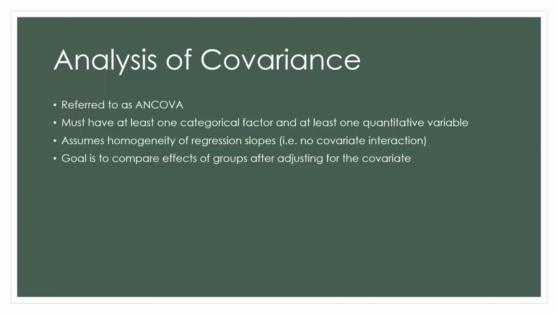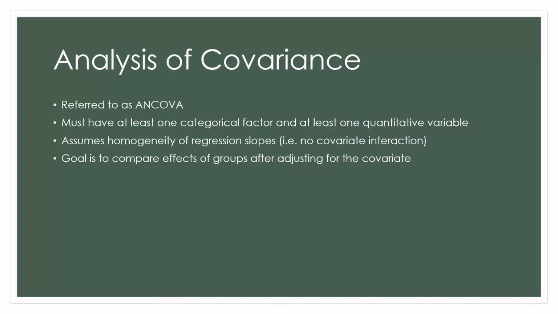And the goal I've listed here is to compare the effects of groups after adjusting for the covariate. In multiple linear regression, if you watched the past videos, you know that we compared the influence of one quantitative variable on the response variable after controlling for or adjusting for the other covariates, the other quantitative variables that were in our regression equation.